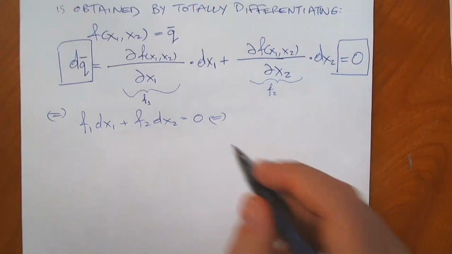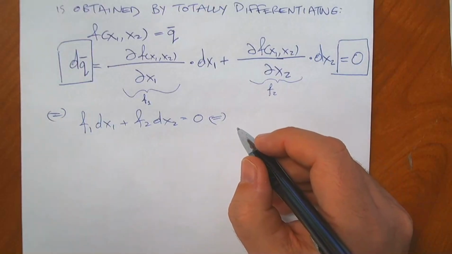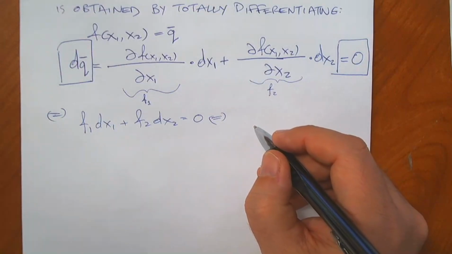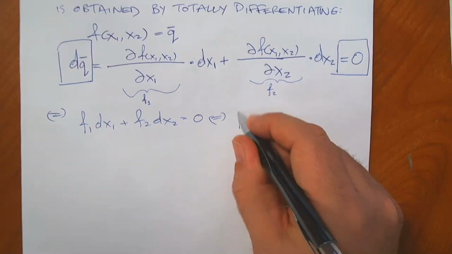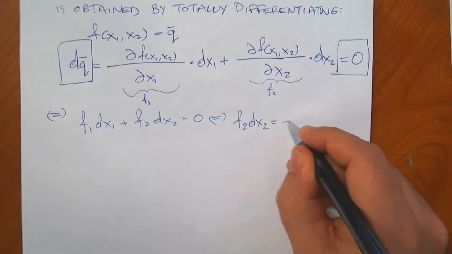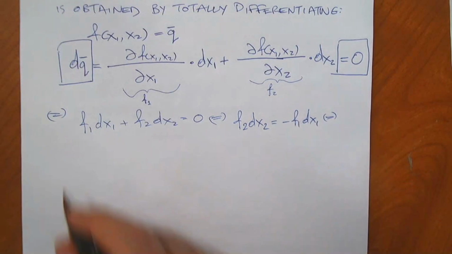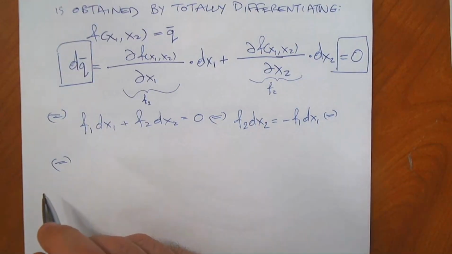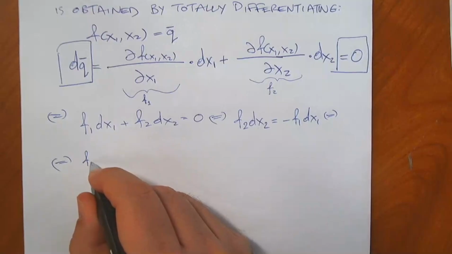We work through this problem and you could say f2 dx2 is equal to minus f1 dx1, which means that if we divide by dx1 on both sides, we're going to have f2.